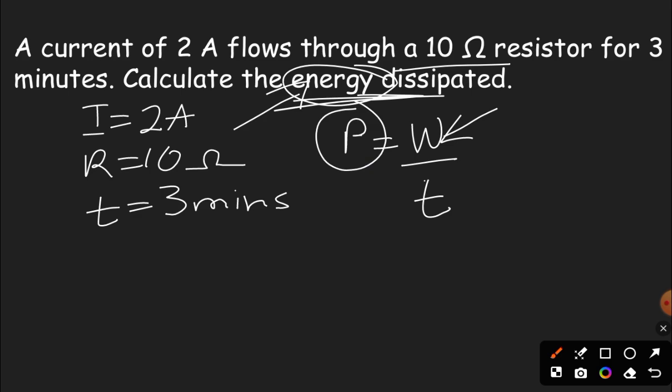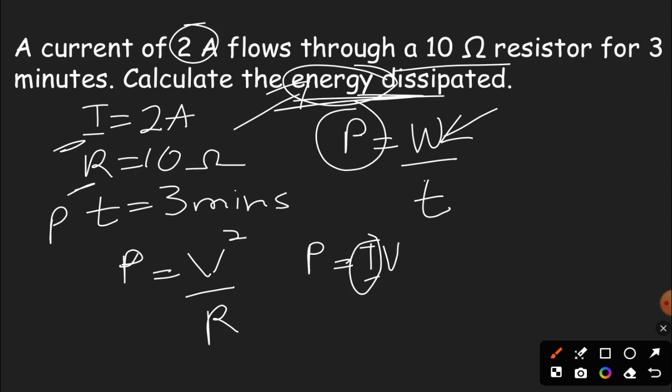Okay, so we already mentioned that P equals V squared on R, and we also have P equals IV. Now remember this formula, V equals IR. And what do we need here?